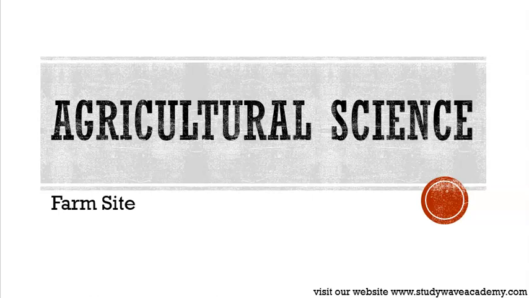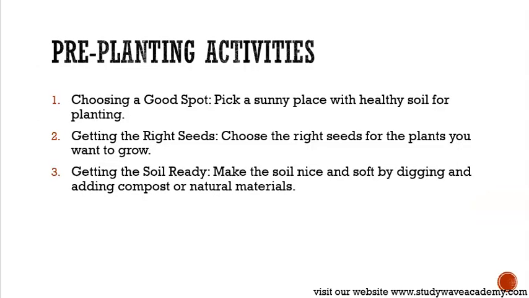Okay? We are going to be looking at pre-planting activities. Pre-planting activities are the things you do before you put the seeds in the ground. Okay? Choosing a good spot. Pick a sunny place with healthy soil for planting.